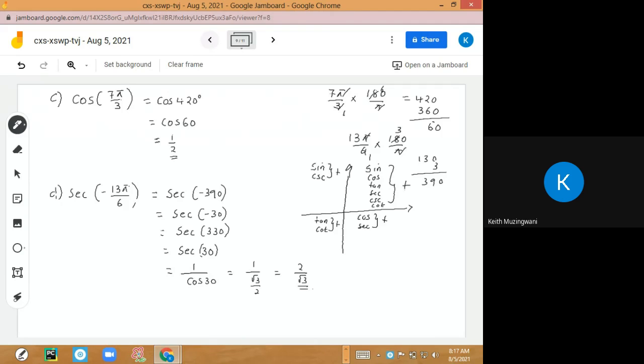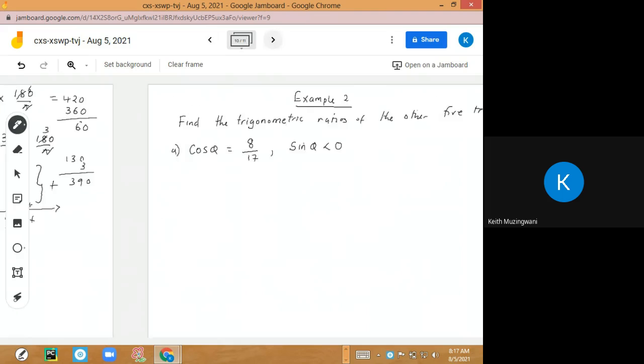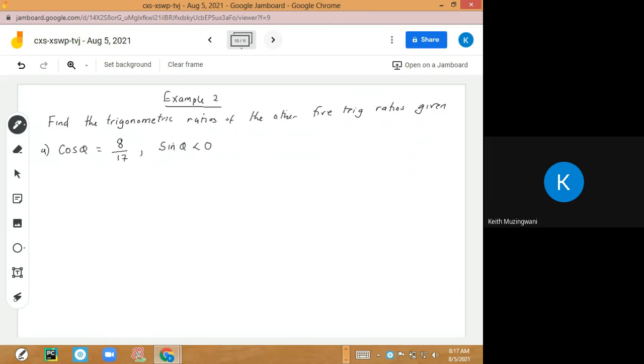And sine has to be negative, so it can't be the first. It will be the fourth. So in the fourth quadrant we'll put a triangle. All the triangles must be attached to the x-axis. So this is theta here.